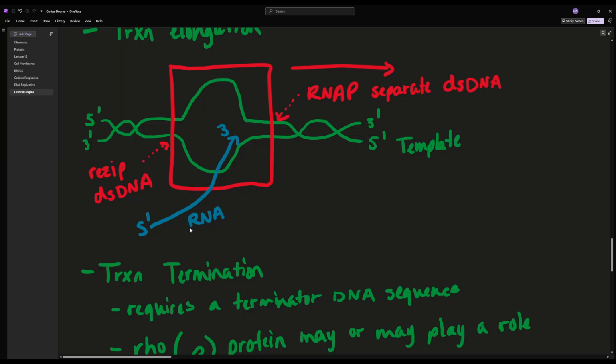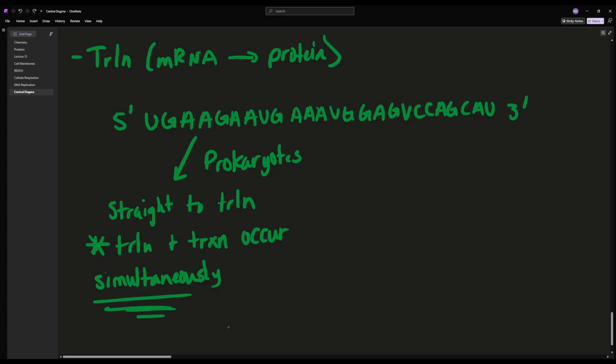Because prokaryotes, like a bacteria, do not have a nucleus. What that means is there's ribosomes sitting all the way around. Actually, they're going to be much bigger than that, but whatever. There's going to be ribosomes sitting right around our newly formed transcript, because they're also in the cytoplasm.